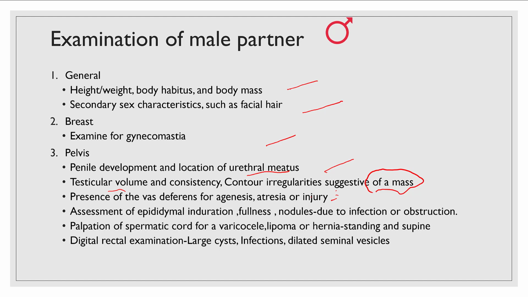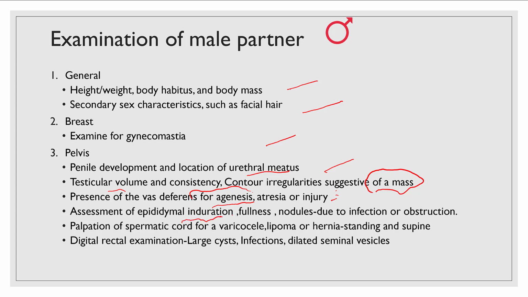So you need to palpate the testis as well as the vas. People with agenesis of vas deferens will not be fertile. So you need to check. Without palpation, you will never identify. Your SFA will tell that's azoospermia, but the cause may be absence of vas deferens. So you need to identify that.